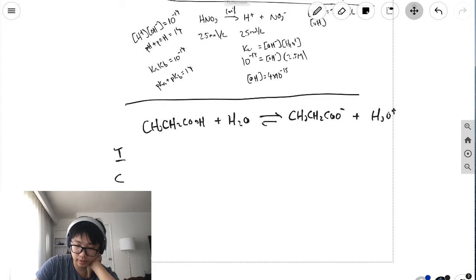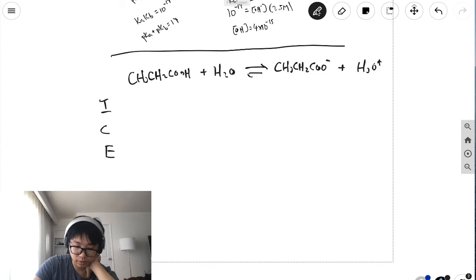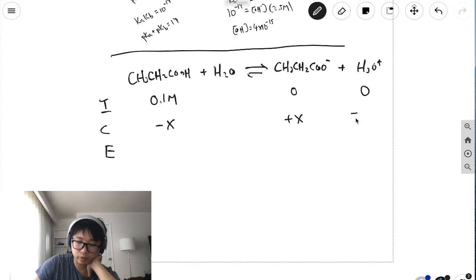My pen is lagging. Okay, we're good. So we're going to have 0.1 molar here, and as we don't have anything to start because we're just pouring that in, so minus x plus x plus x. So we're probably going to be able to find out what x is. So for now, I'm just going to write 0.1 minus. I'm not even going to write x because I know I'm just going to erase it and fill it in later.